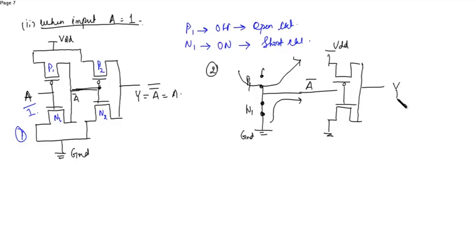This 0 is given to the second input, where this is P2 and N2. So in the third state, what will happen? When 0 is applied, P2 will turn on, that is gets short circuited. N2 will turn off, that is gets open circuited.